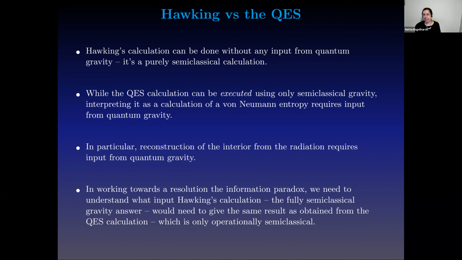At the end of the day, yeah. And maybe in some calculation which also has approximate locality at the horizon, and then compute the von Neumann entropy from that state and show that it agrees with the QES calculation. Exactly. That's kind of the light at the end of the tunnel. Okay. Thank you.